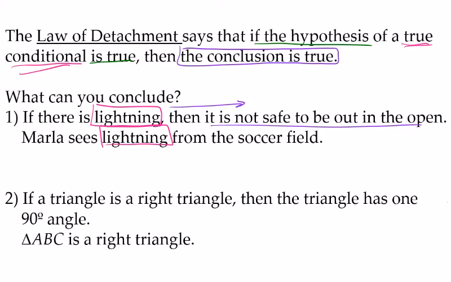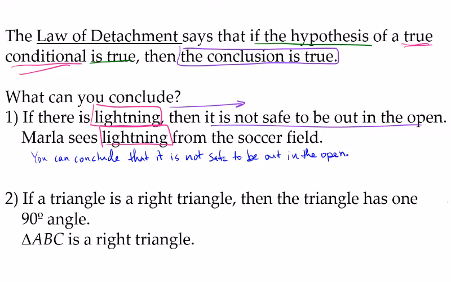And so if Marla sees lightning, then we conclude, hey, we should cancel practice, right? This isn't safe to be out on the soccer field. So we can conclude that it is not safe to be out in the open. And I spelled safe incorrectly. Sorry about that.